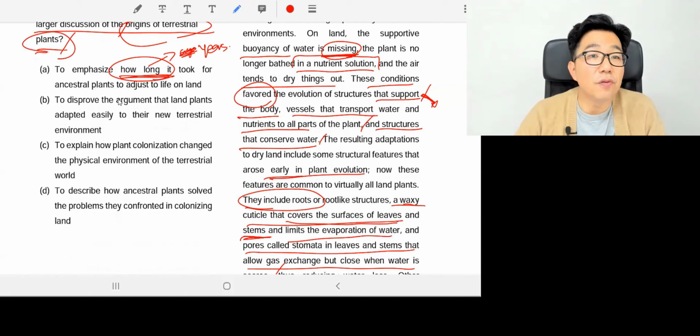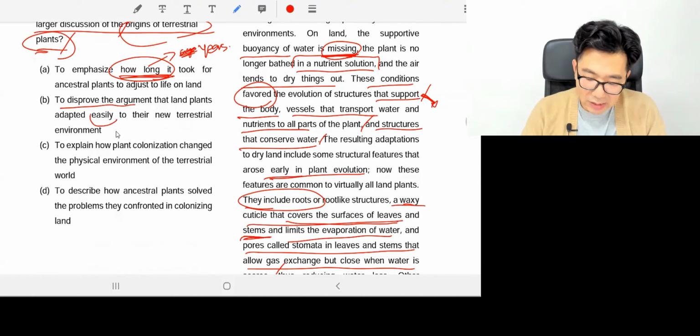B, to disprove the argument that land plants adapted easily to their new terrestrial environment. It didn't disprove any argument, so it looks pretty wrong to begin with, but let's read the rest to make sure. It's not about how easily they adapted or how hard it was to adapt.